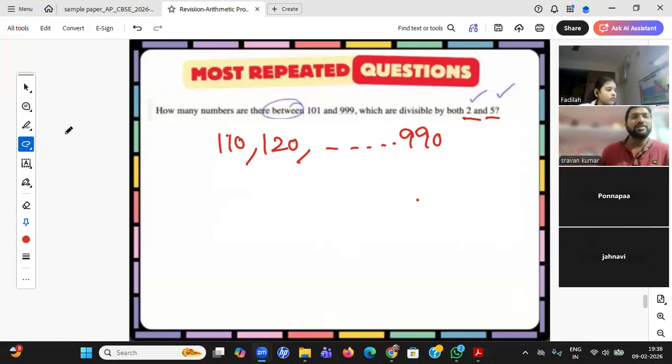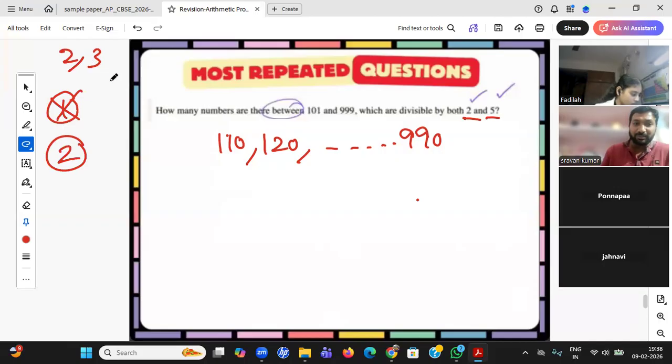Okay. So you see, Ponnappa, if I say give me a number that is divisible by 2 and also 3, you will start with 1. 1 is not divisible by 2. Next you'll go for 2. 2 is divisible by 2 but not by 3. You'll go with 3. 3 is divisible by 3 but not by 2. You'll go with 4. 4 is divisible by 2 but not by 3. You'll go with 5. 5 is divisible by neither 2 nor 3.